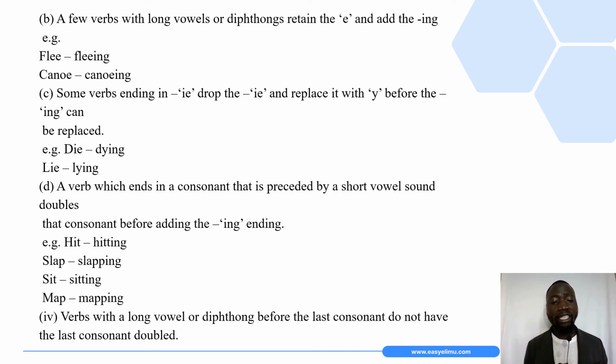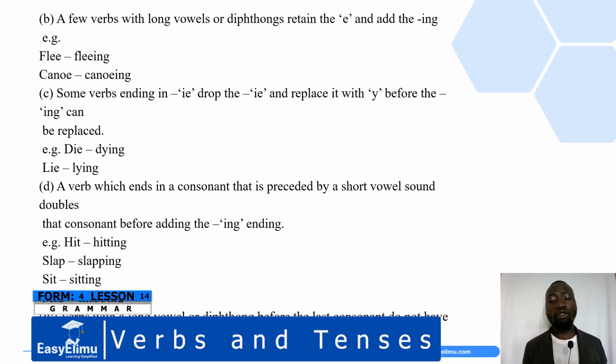So in hit, we have doubled the consonant T, and after that, we've added the -ing form. Then in slap, we have slapping. The consonant is also doubled. Then in sit, we have sitting. The consonant is also doubled. And lastly, map, mapping.